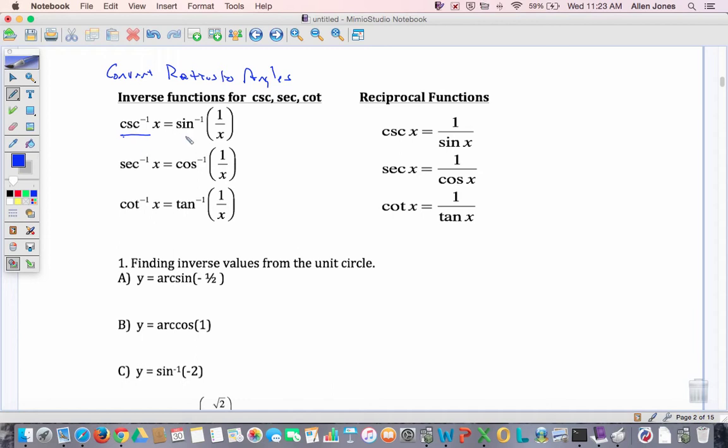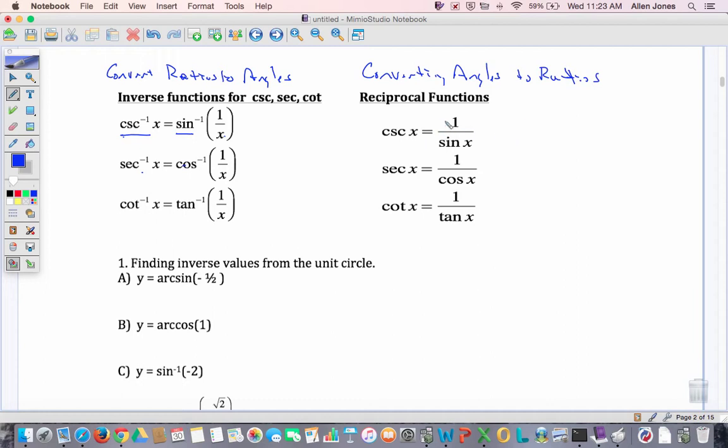We don't have a cosecant function on our calculator, so we use inverse sine of 1 divided by that value. Inverse secant is inverse cosine of 1 divided by x, and so forth. Inverse cotangent equals inverse tangent of 1 divided by x. For our reciprocal functions, over here, we're converting angles to ratios.